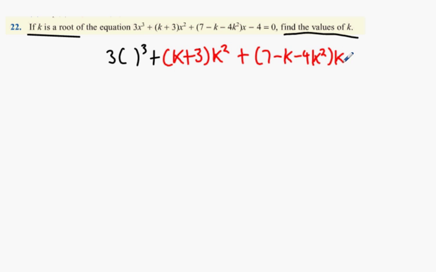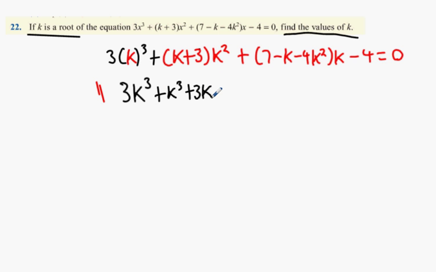3k cubed, after that one, what's next? Next one after that, 3k squared. 3k squared. Yeah, thank you. 7k. Minus k squared.